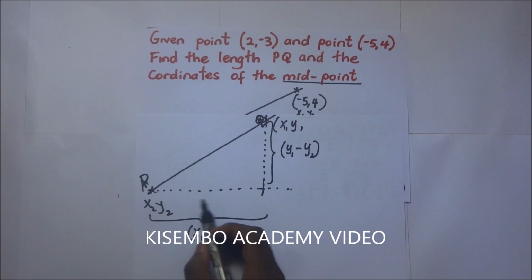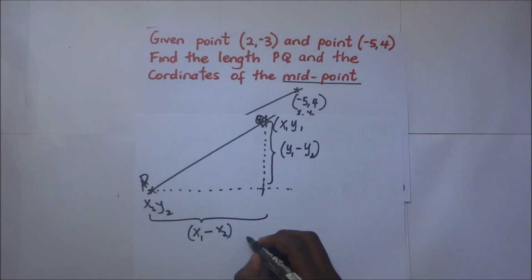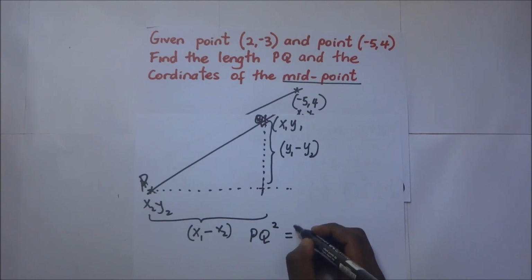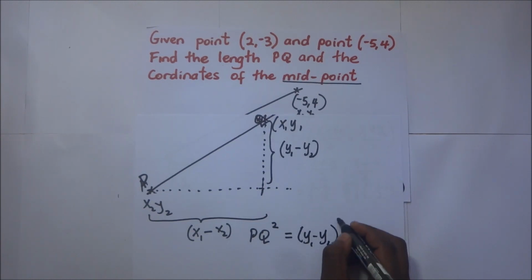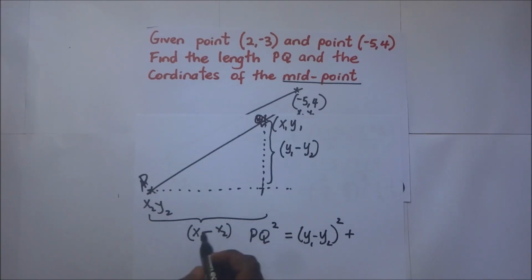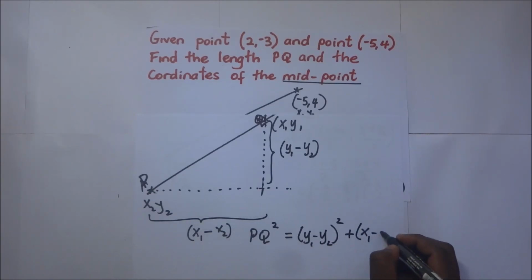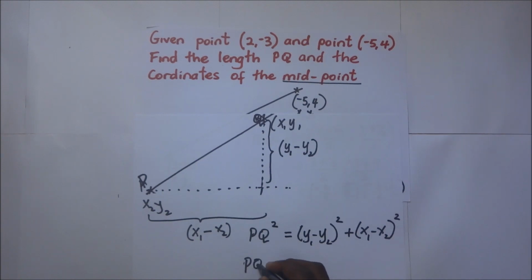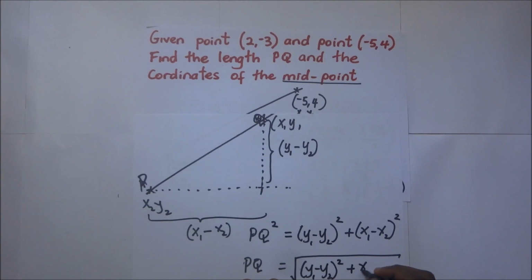So for us to get the distance PQ, PQ squared is going to be equal to y1 minus y2 squared, plus x1 minus x2 squared. And the general equation is PQ equals the square root of y1 minus y2 squared plus x1 minus x2 squared.